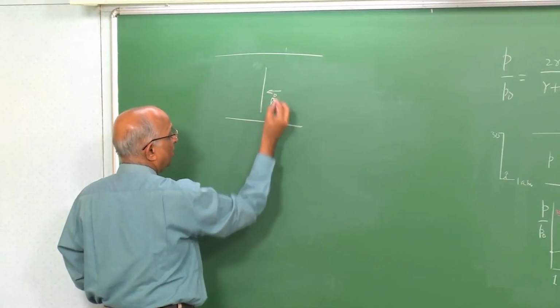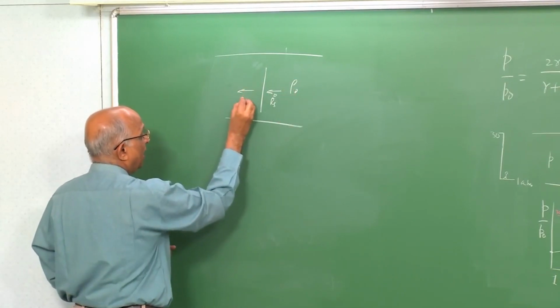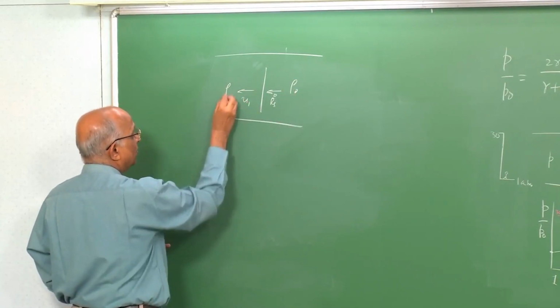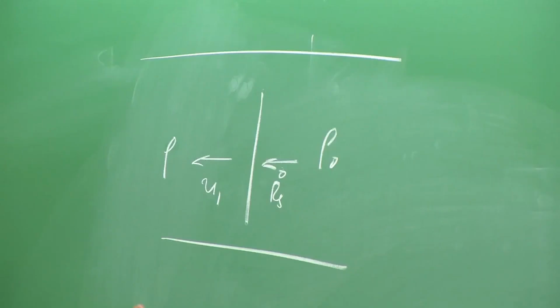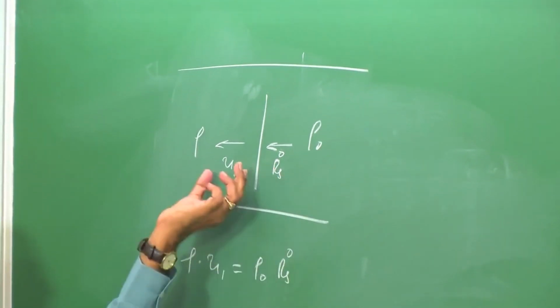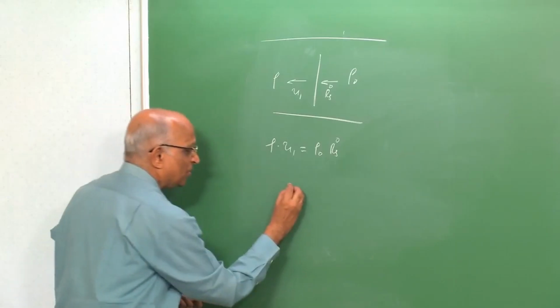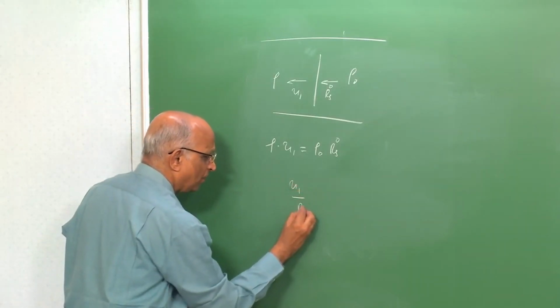With the density ahead being rho 0, the velocity behind being u 1, and the density behind being rho, the continuity equation is rho into u 1 is equal to rho 0 into R s dot. That means the mass flux ahead of the shock is equal to the mass flux leaving the shock, which is the mass balance, and therefore from this I get u 1 by R s dot.